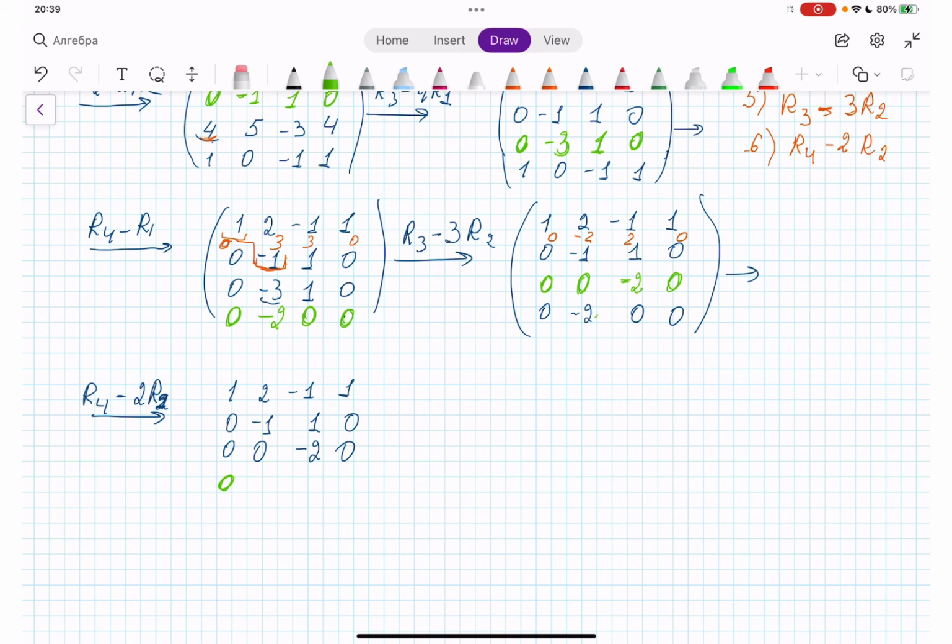Next, negative 2 minus negative 2 is going to be 0 again, right? Because we end up with negative 2 plus 2. Next, 0 minus 2, it's going to be negative 2. And 0 minus 0, it's going to be 0.